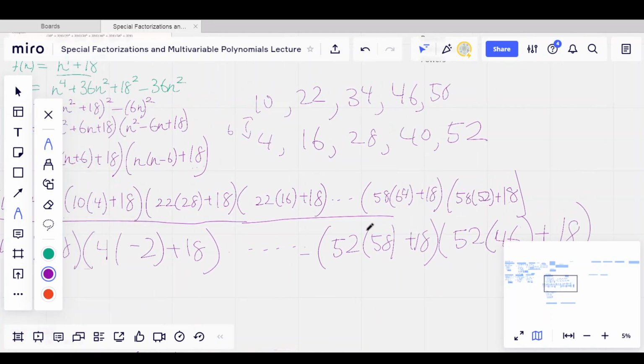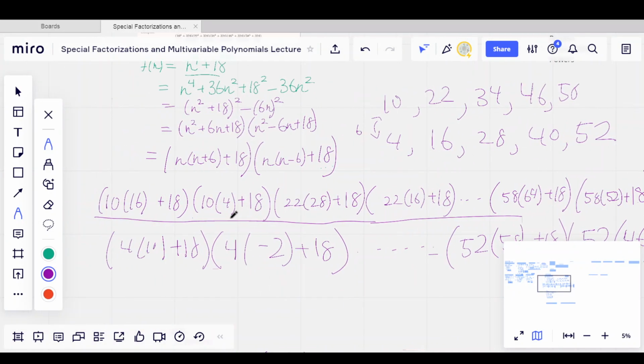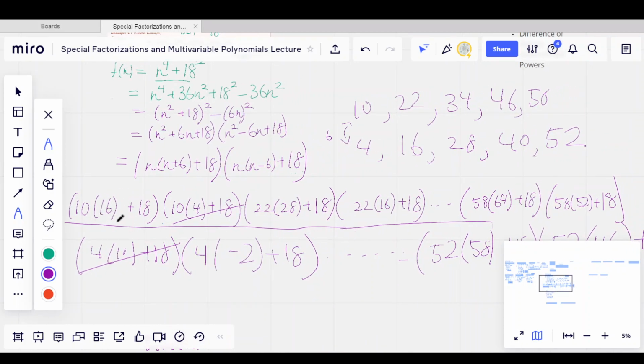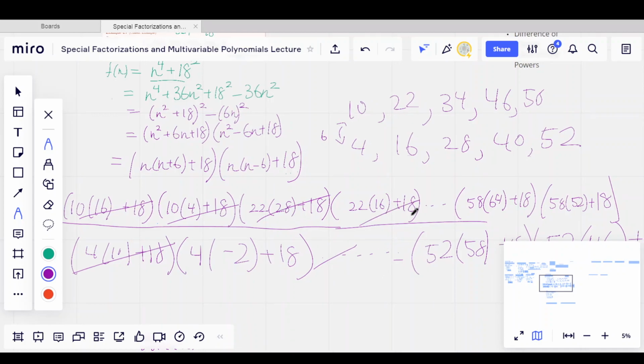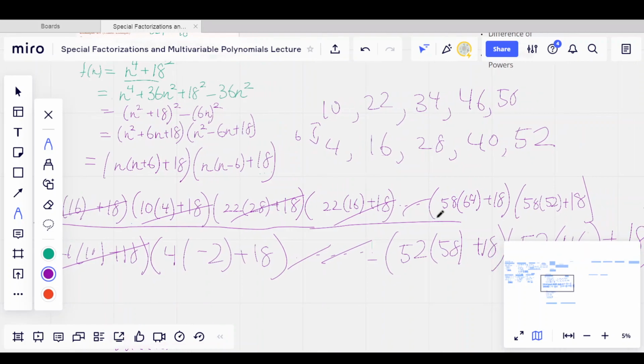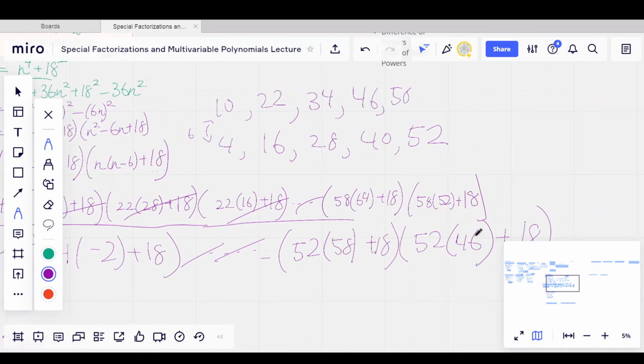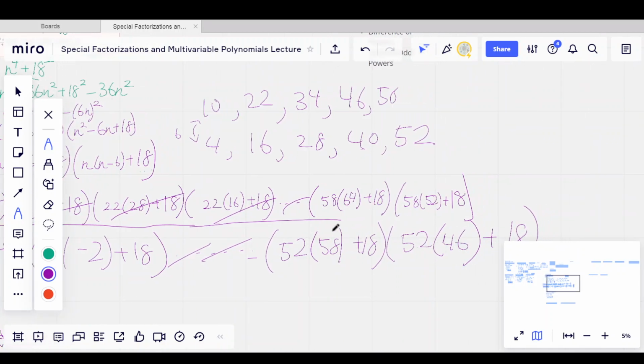Intuitively, you should have noticed that these terms cancel. So we get this, and then somewhere over here this will cancel in the dot dot dots right over here. So all of this will cancel. If you don't see why, you can actually write it all out, and then all of these will cancel. So 52 times 46, because it's smaller than these, this will also cancel.